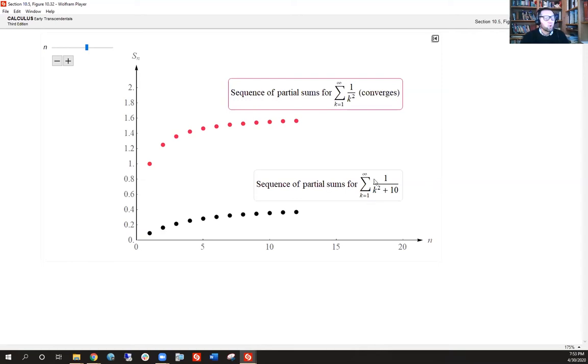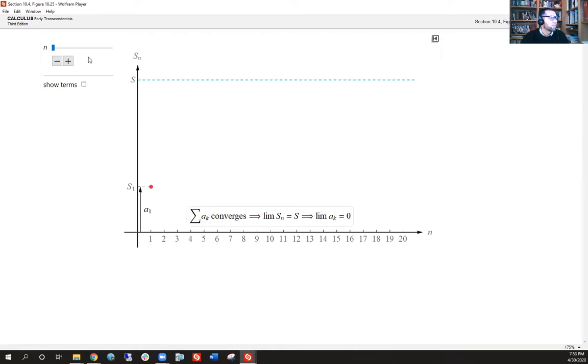I thought I would show a slightly more complicated interactive figure that I used today in class. Here we're talking about the connection between a convergent series and the fact that the terms must go to 0.